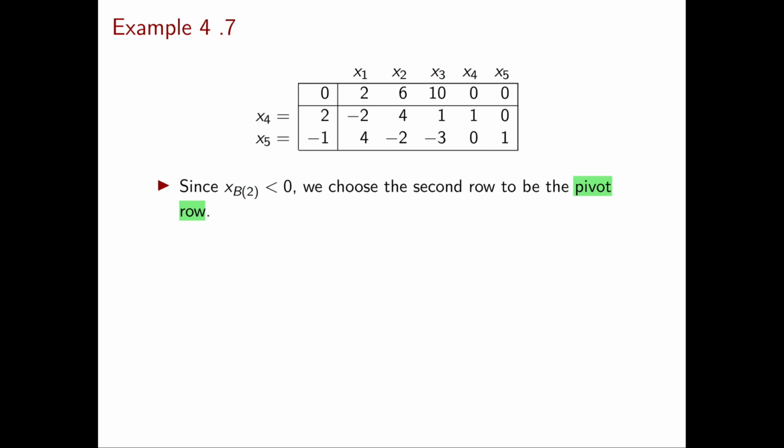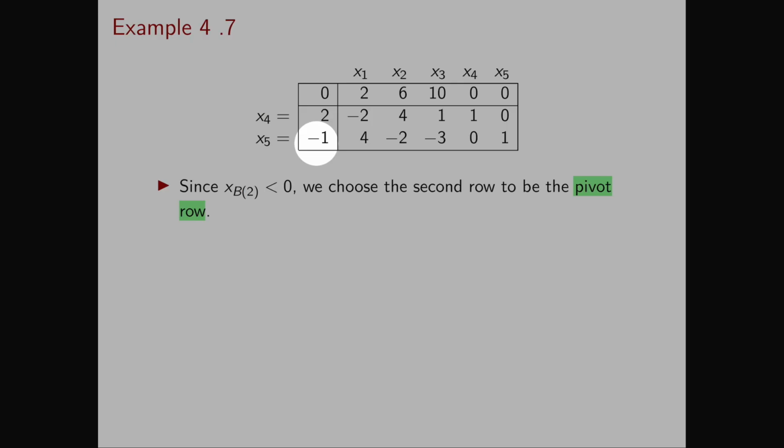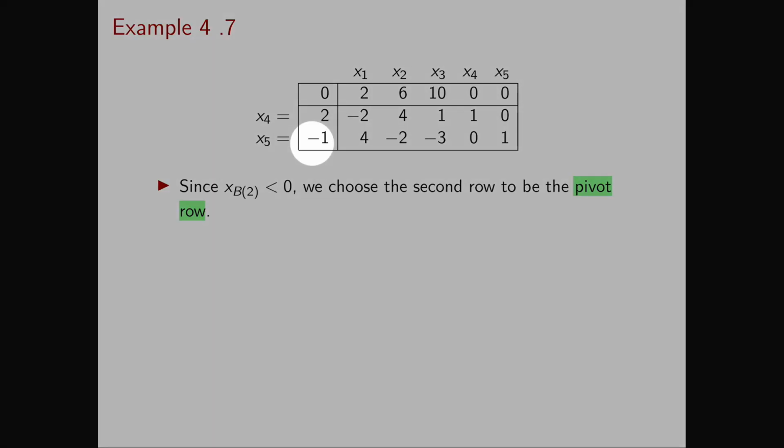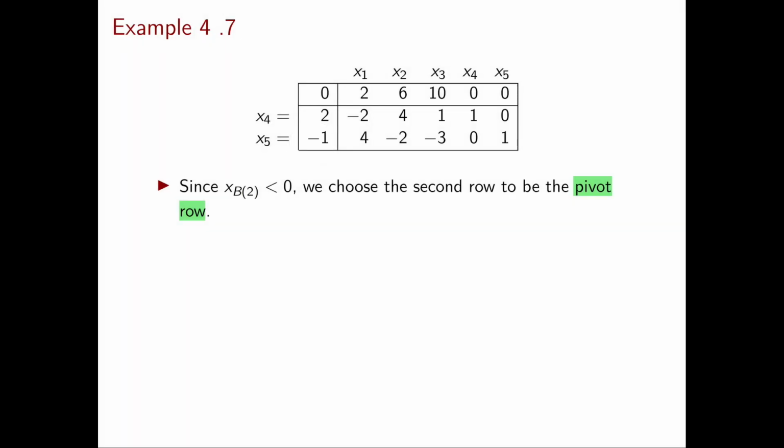Let's say that in our dual simplex method we currently have the tableau over here. It's immediately clear from this tableau that we are using the dual simplex method and not the primal simplex method. In fact, I have a negative entry in the 0th column, and I have all reduced costs greater than or equal to 0. So now the second basic variable is strictly negative, so we choose the second row to be the pivot row.